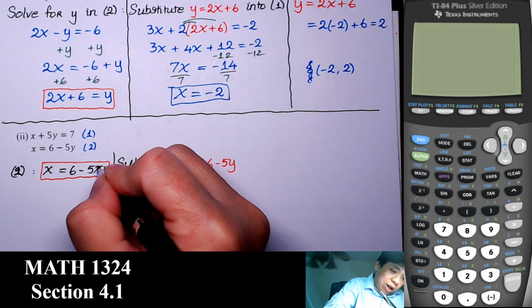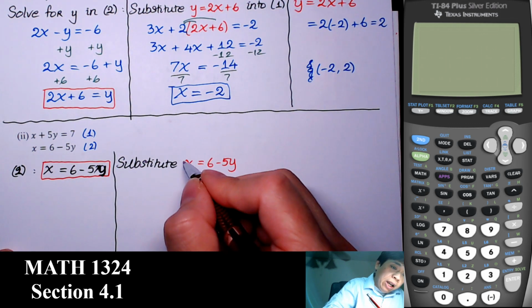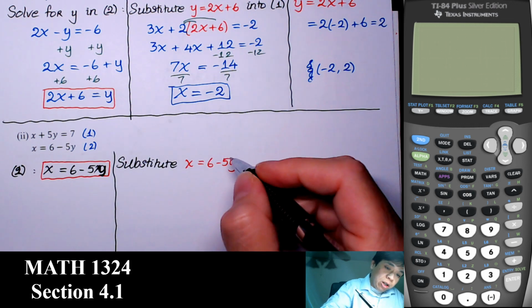That should be y, sorry. 6 minus 5y, and we substitute that into the first equation.